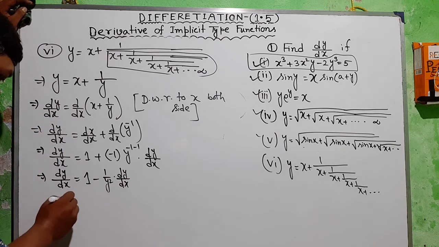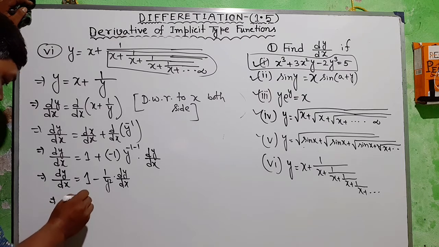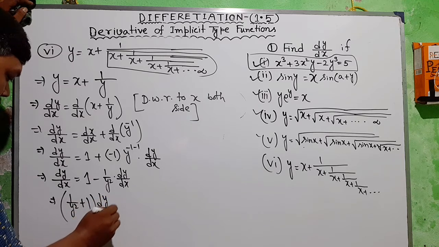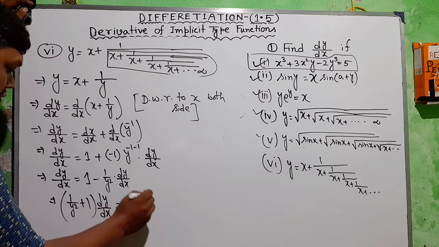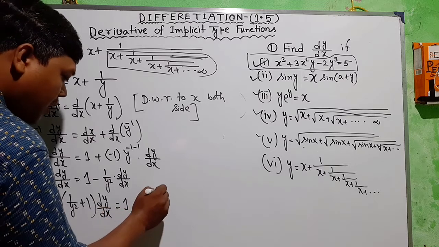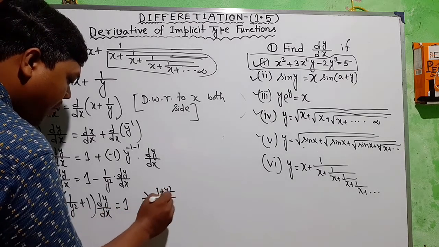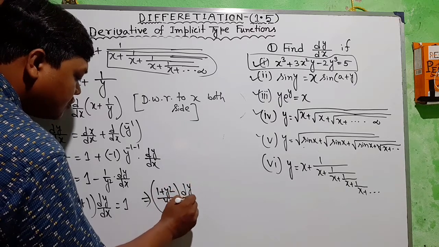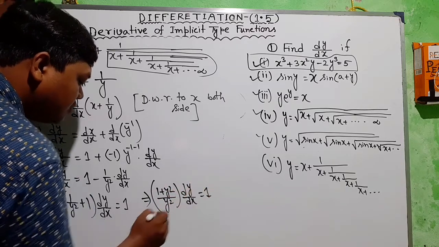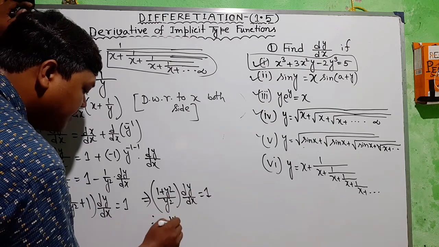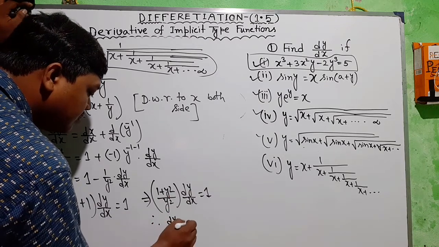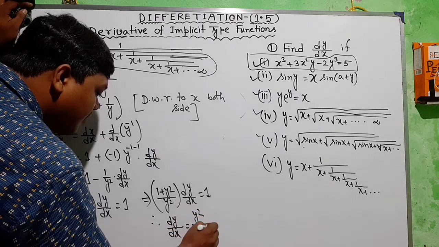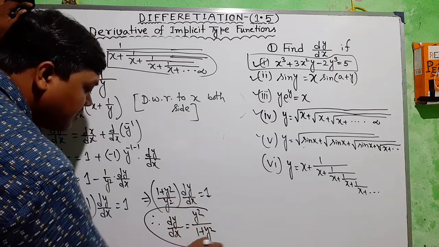So (1 plus 1 by y squared) into dy/dx equals 1. So (y squared plus 1) by y squared into dy/dx equals 1. Therefore dy/dx equals y squared by 1 plus y squared. That is our required answer. Okay.